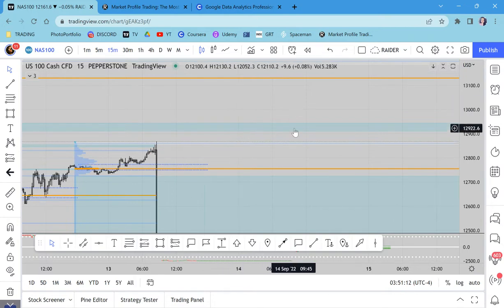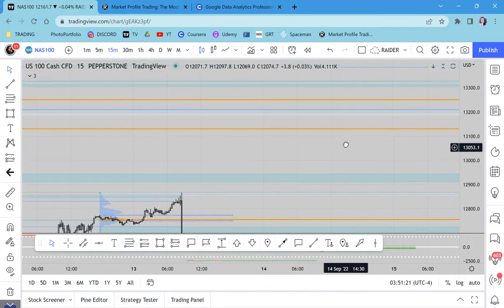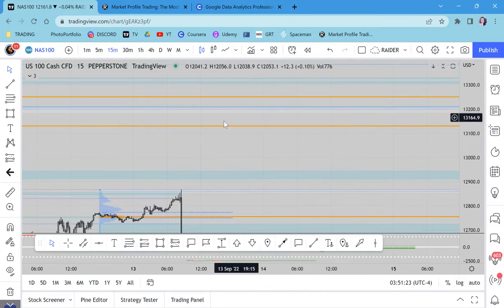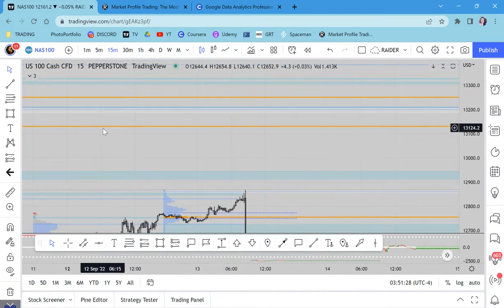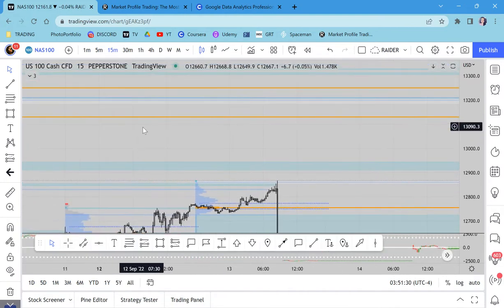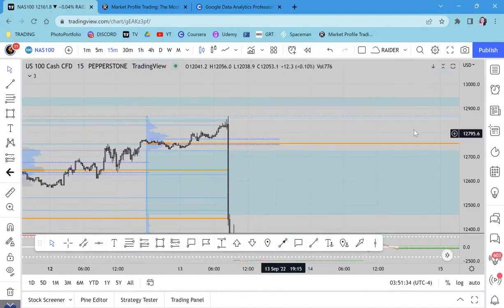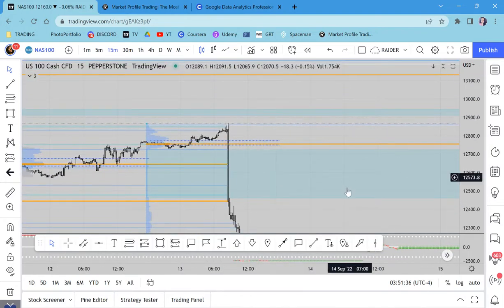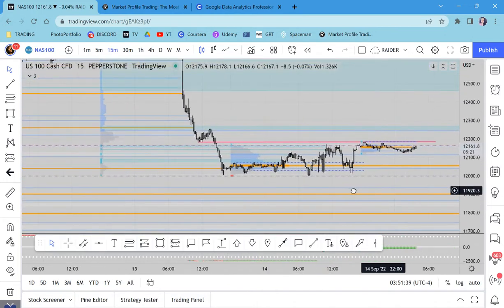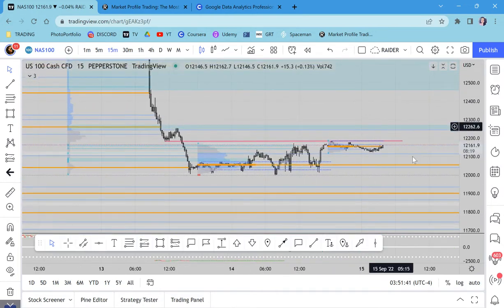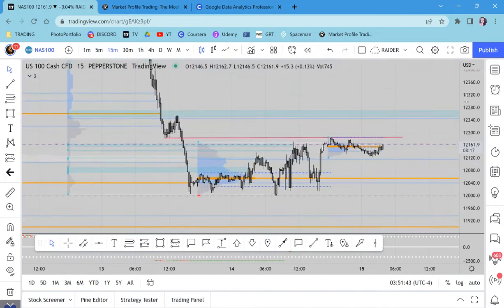If it does fill this single print, I would love to see a retest of either this level or probably this level, and then aim for this POC. This is a really old previous POC, because I don't think NAS has been around this area in a long time. But that's just if price moves up to that area. It looks like it's pushing for it, so we'll have to see if it decides to do that.